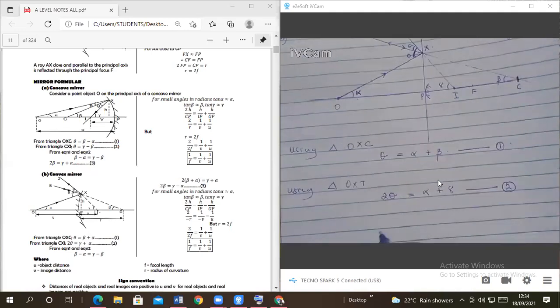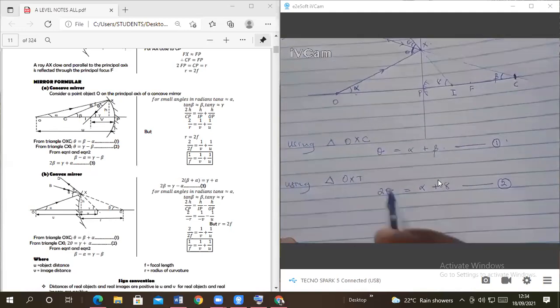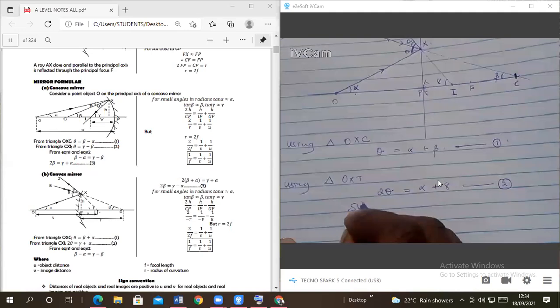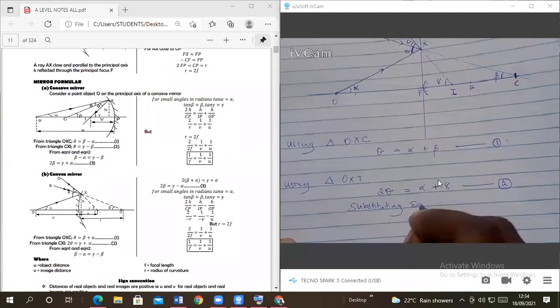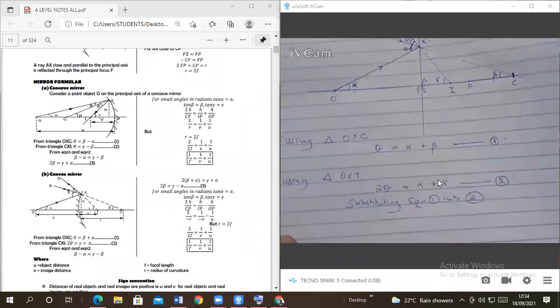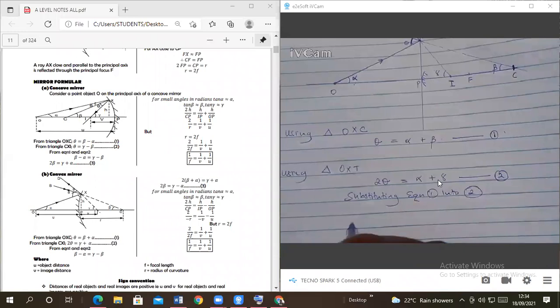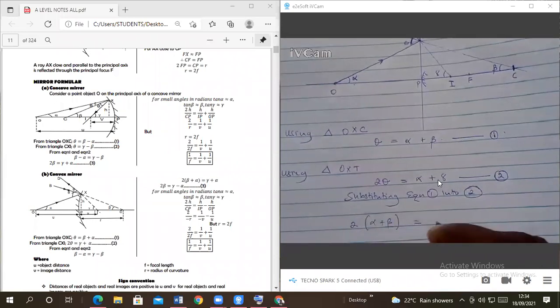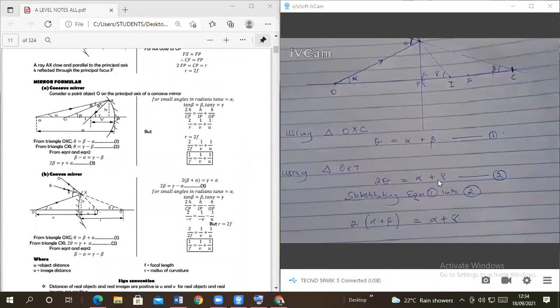So the next thing is we are going to substitute equation 1 into equation 2. So what shall we get? We shall get 2 into alpha plus beta equals alpha plus gamma.